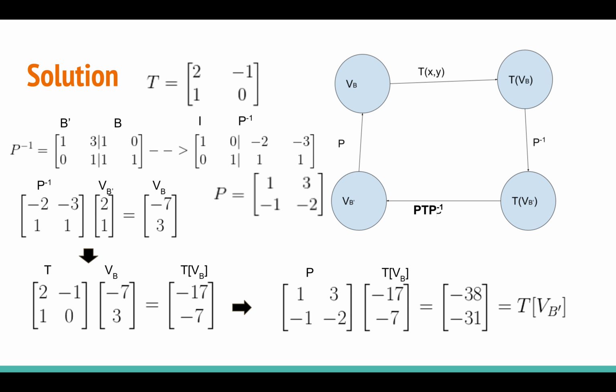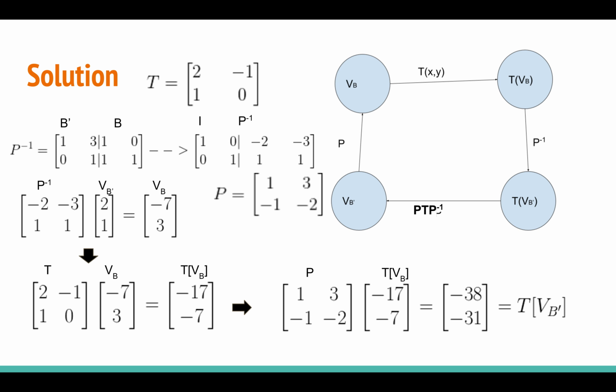In order to solve for P inverse, we make an augmented matrix, and we set it up such that on the left side we have the standard bases in column form of the vector space that we're transforming to, which is B prime, and on the right side we have the standard bases of the vector space we're transforming from.